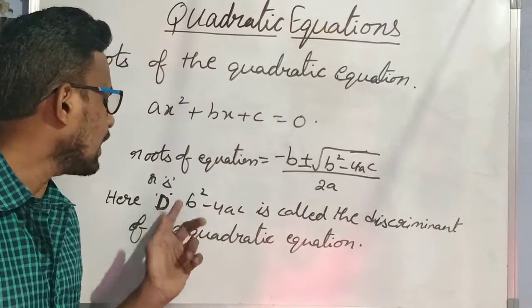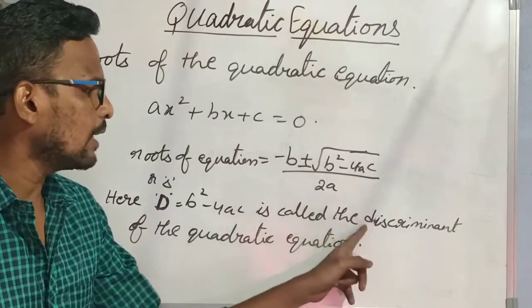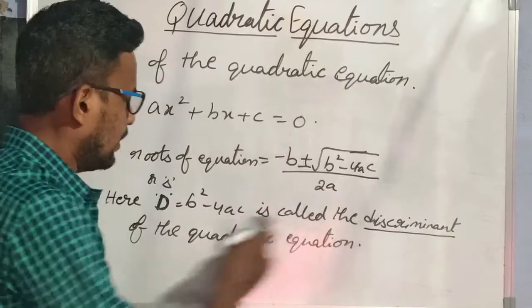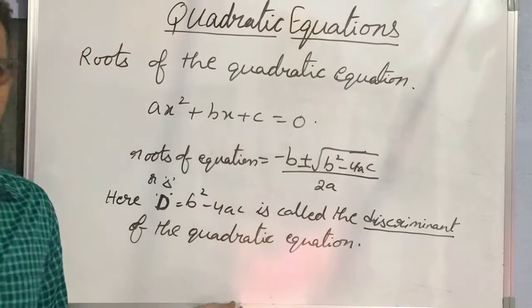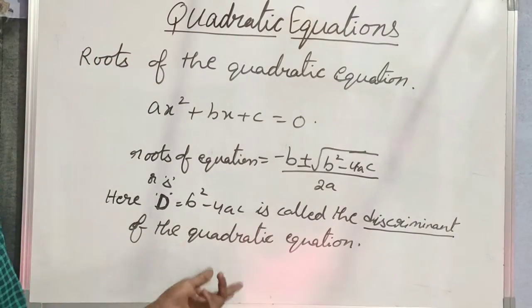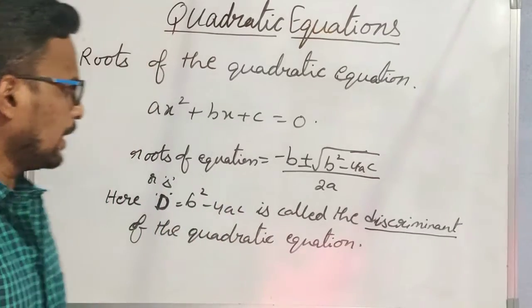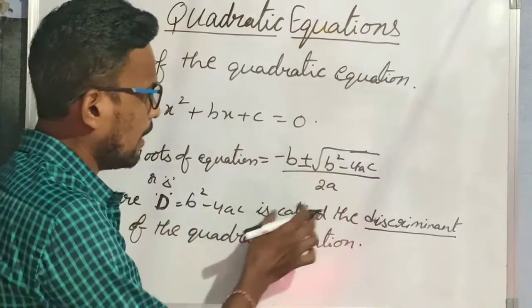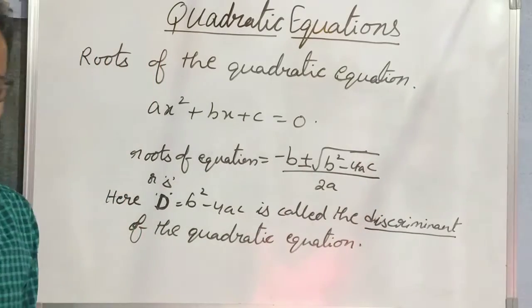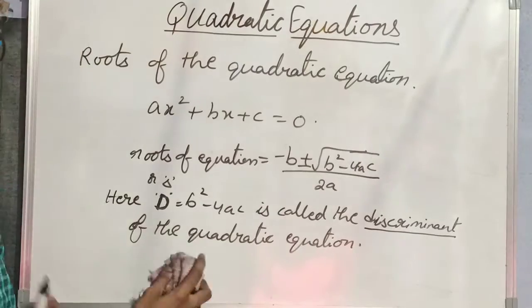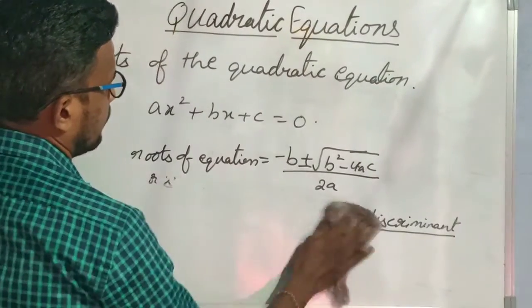So D or delta is equal to b square minus 4ac, the discriminant of the quadratic equation. Clear? This we will use in finding the nature of the roots. But for your understanding, just keep in mind that b square minus 4ac is the discriminant. Clear? So now let us see one example of how to find the roots of the quadratic equation.